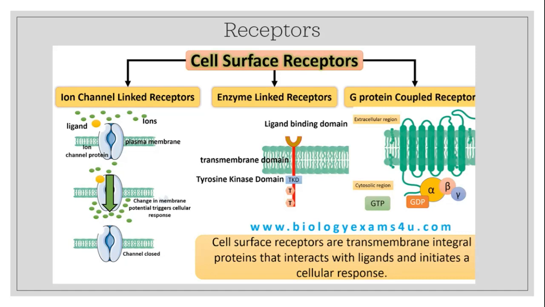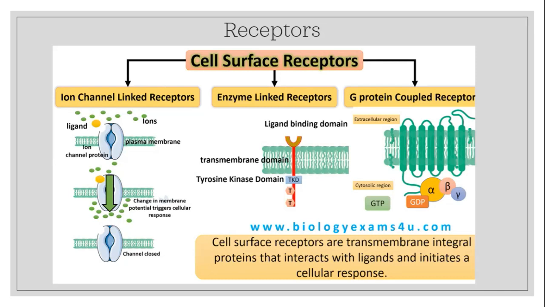And the third kind is the enzyme linked receptors, where the receptor has an extracellular domain which has a ligand binding site, and an intracellular domain which has enzymes such as tyrosine kinase enzyme, and which can perform kinase activity. So these receptors are linked to enzyme, that is kinase enzyme, and once the ligand binds to the receptor, these enzyme linked receptors will activate these enzymes such as tyrosine kinase enzyme.